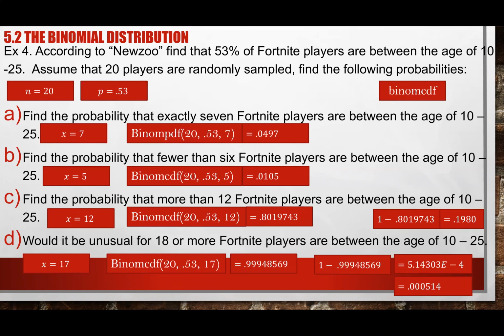Again, 18 or more: if you want to think about it this way, we want to know if it's unusual that out of the 20 players we sample, 18 of them will be in the age group of 10 to 25, or 19 of them, or 20 out of 20 players. Because of the 18 or more, we have to include the 18, the 19, and the 20.